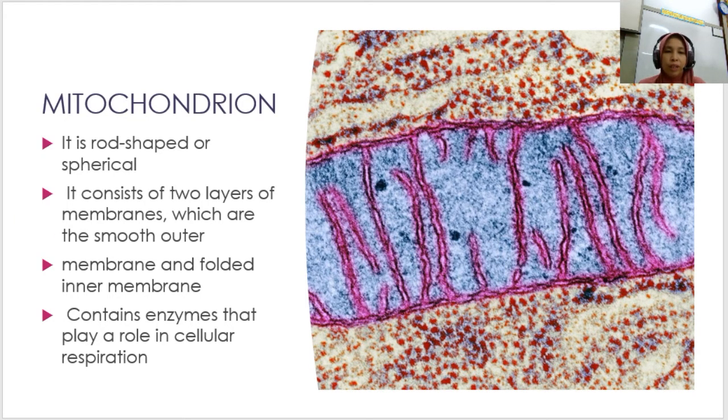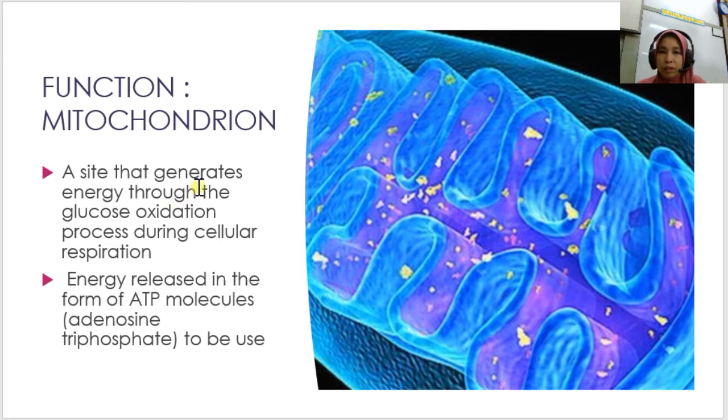Okay, so what is the function of the mitochondrion? The mitochondrion is very important for us, especially to generate energy. The energy that we use in daily life comes from the mitochondrion.